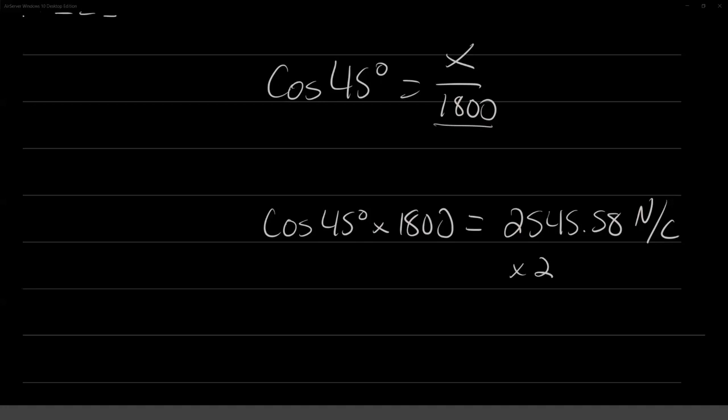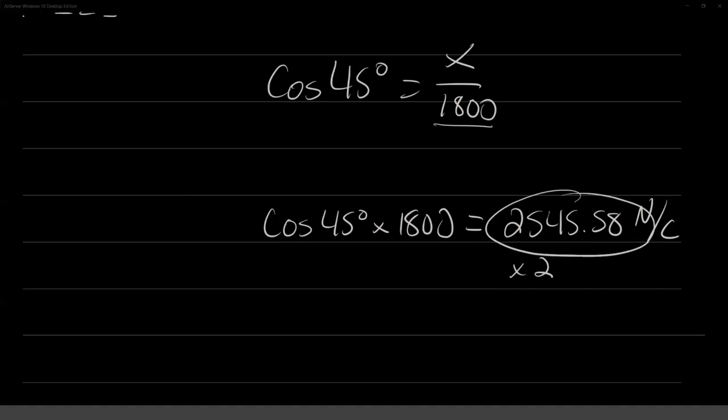Real quick, you did cosine 45 times 1800 and got the 2545? Yeah, I can double check it quick. I thought the 2545 was the end number. Maybe my work is bad. You get 1,272.79, and then you times that by 2, and then you get this? Yep.